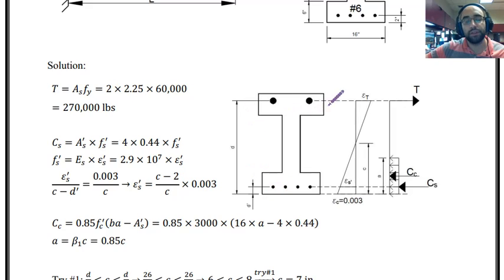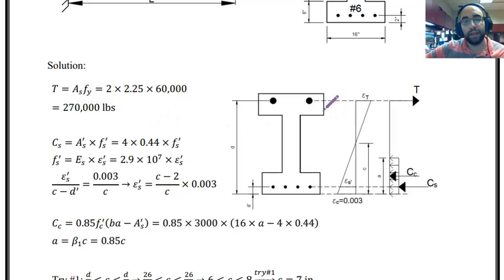We are going to consider the tensile reinforcement and then the basic assumption that we have for all reinforced concrete beams. For all of them, we are going to first assume that the tensile reinforcement has yielded at the ultimate strength stage. And that's why I can say tension force is equal to As fy.